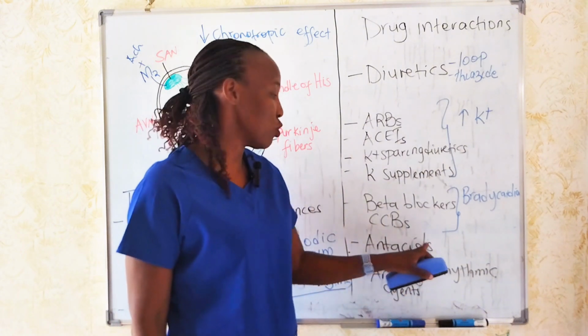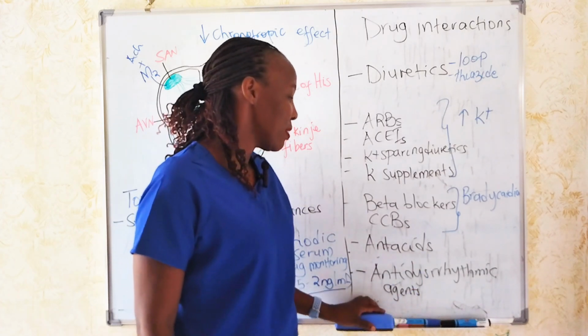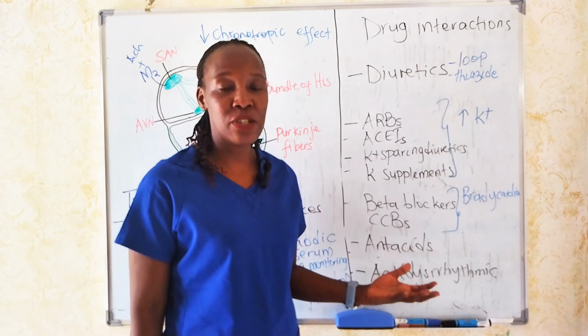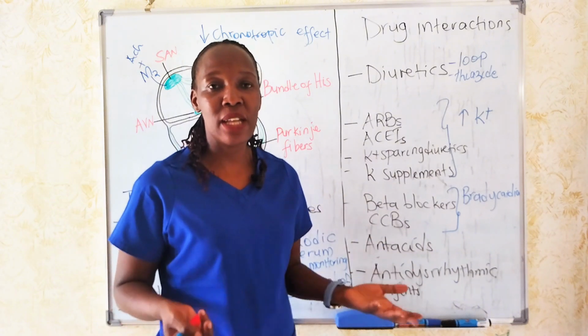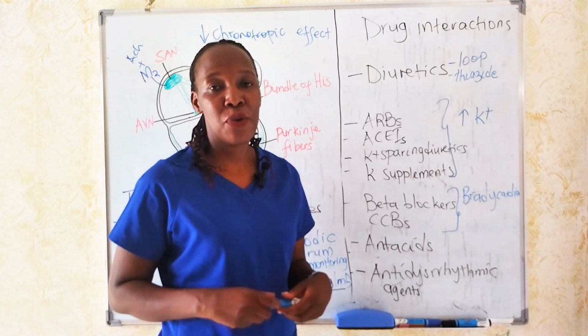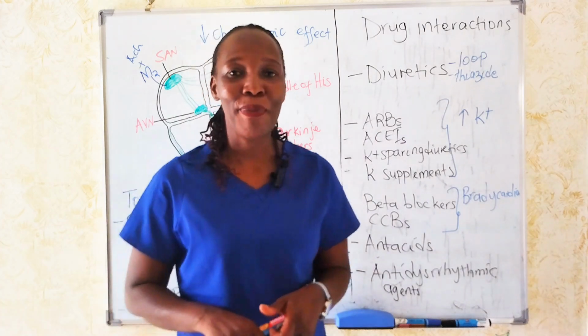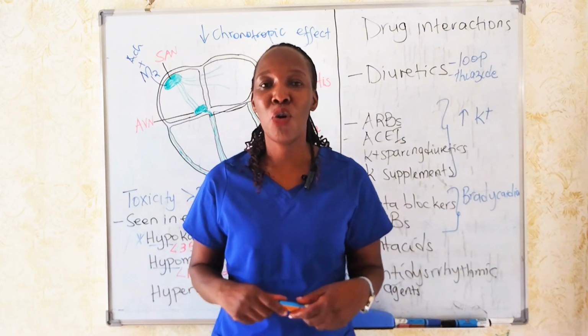So we will really not utilize it that much. And then also it might interact with other antidysrhythmic drugs, for example, amiodarone and procainamide, and that can also predispose us to more dysrhythmias.